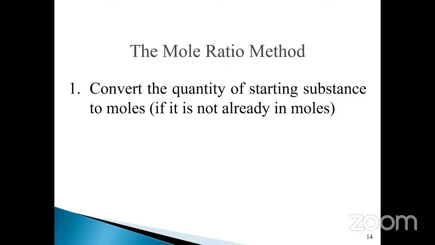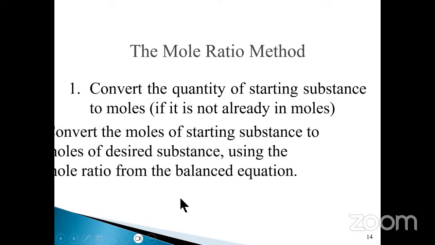Now, in some questions, they probably give you the moles already, in which case you don't need to do this first step. But if you need to, then you'd have to do this first step. If you're given the mass of the substance in grams, or if you're given a quantity expressed in some other measurement, you have to somehow find a way of converting that value to the equivalent mole value.